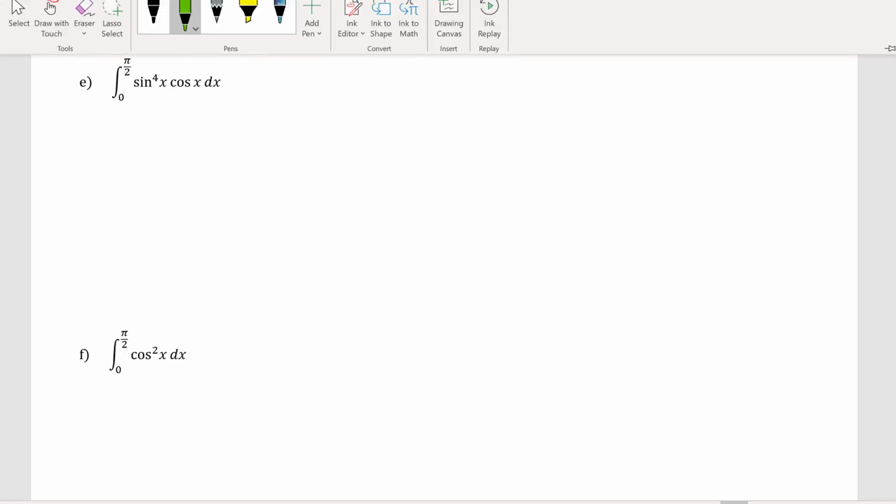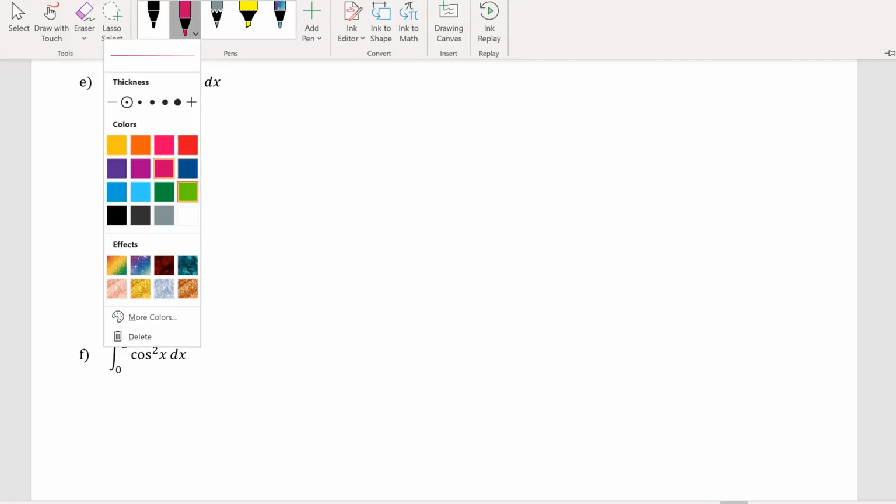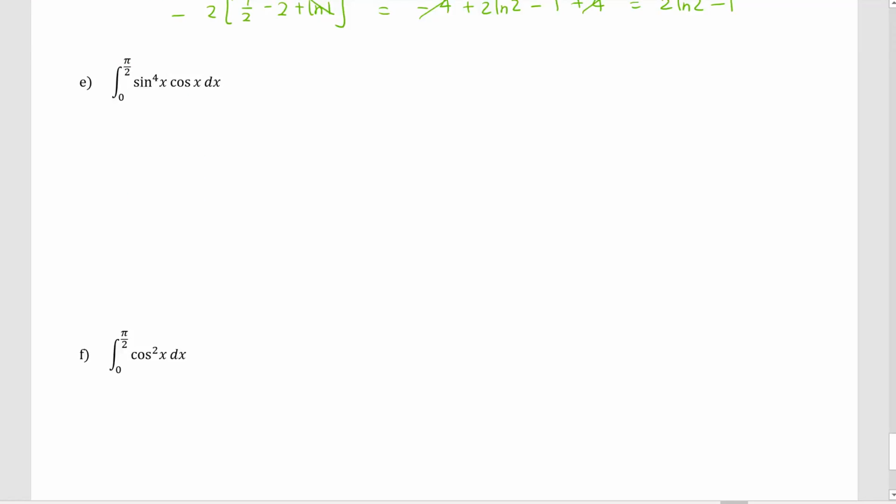Okay, so in this case, u-substitution works. So let u be sine x, and then du be cosine x dx. And then our integral becomes from u of 0 to u of pi over 2, sine, which is u to the 4th, and cosine x dx is exactly du.